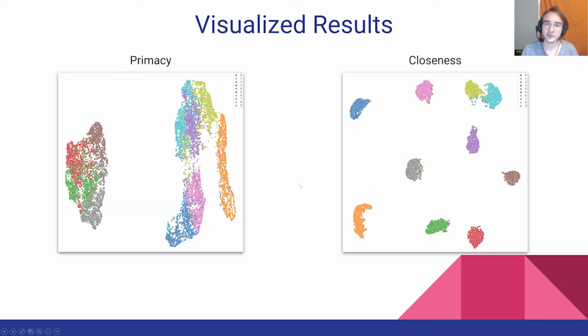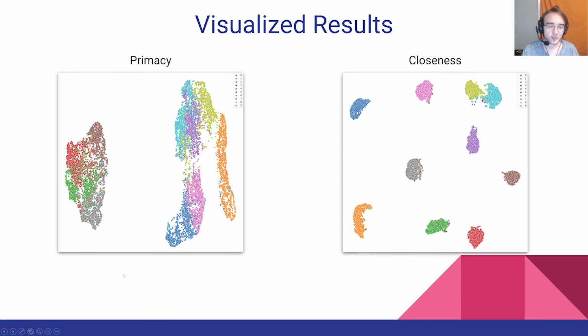So as you can see, these are the visualized results, which this is the metacriteria for primacy between all the digits, and this is the metacriteria for closeness between all the digits, meaning that A is closer to B than C. And the primacy is what I mentioned earlier.